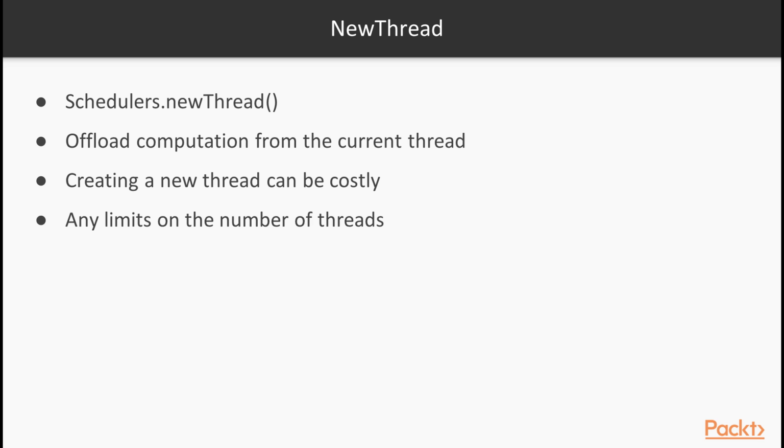One thing to keep in mind is that this scheduler doesn't place any limits on the number of threads that will be created. This might not be a problem for observables that are created rarely and emit just a few items, but if there will be cases when 1,000 observables are created, it means that there will be 1,000 threads. It's something that's best avoided by using other types of schedulers.